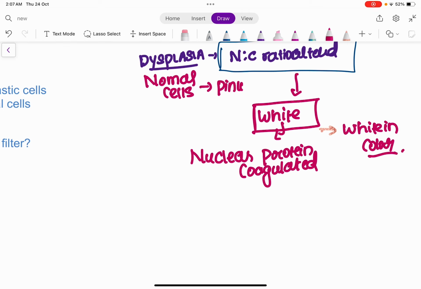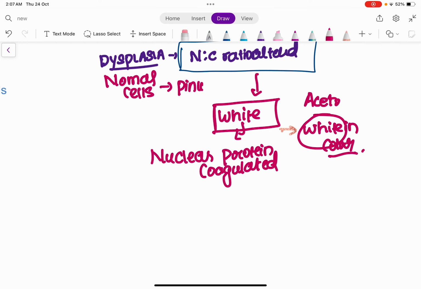You are not going to take any biopsy from the Nabothian cyst, and you have to take a biopsy from any aceto-white areas. These white areas are called aceto-white. Since this white appears after the application of acetic acid, from any aceto-white areas you have to take a biopsy because it signifies that these are the dysplastic cells.